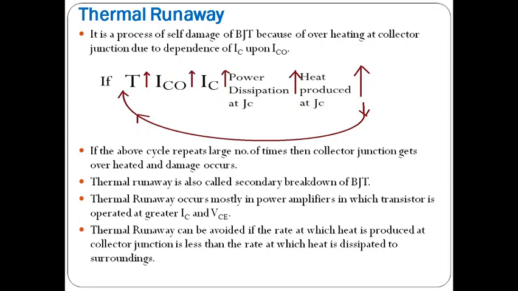When suddenly more collector current passes through the collector junction, more heat will be produced. To transfer that heat into a large region, we choose the collector region size to be very large. It is used as a heat sink.